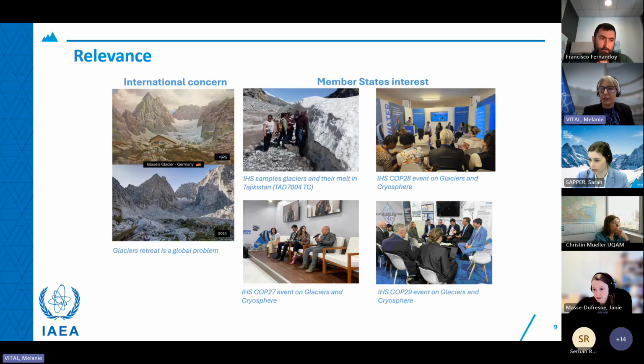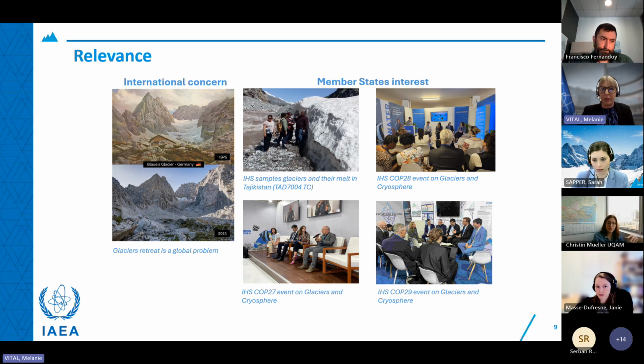The relevance of this project, as we know, is an international concern. The glaciers are retreating at a rate that has not been observed before. Through the different COP meetings that have been occurring in the last years, COP27, COP28, and COP29, we have seen that glacier retreat is one of the main topics mentioned during this important international meeting.